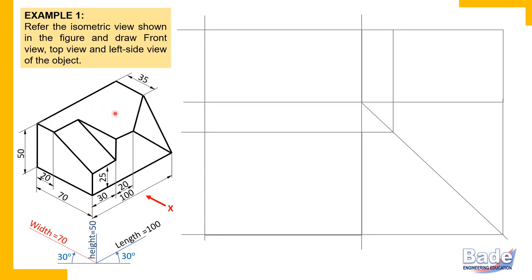So this surface has two perpendicular principal edges. Where are those two edges? So watch here. This edge is parallel to the length axis and this edge is parallel to the width axis. The length axis and width axis are perpendicular to each other.